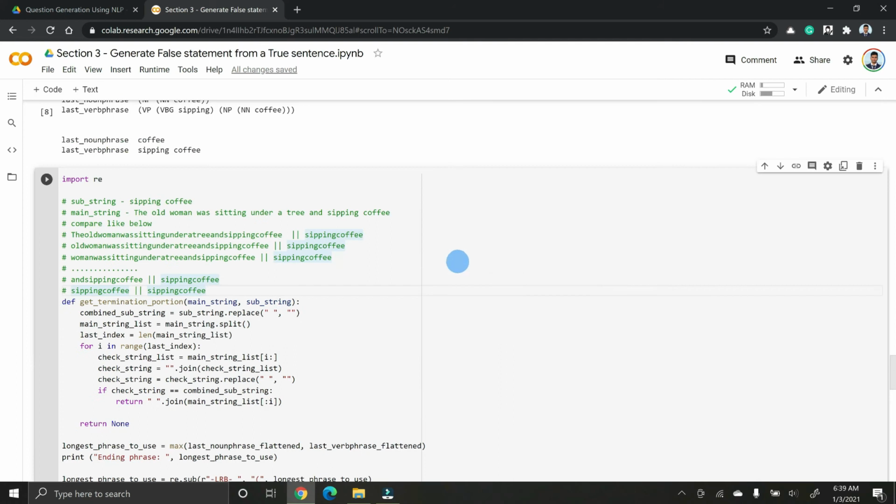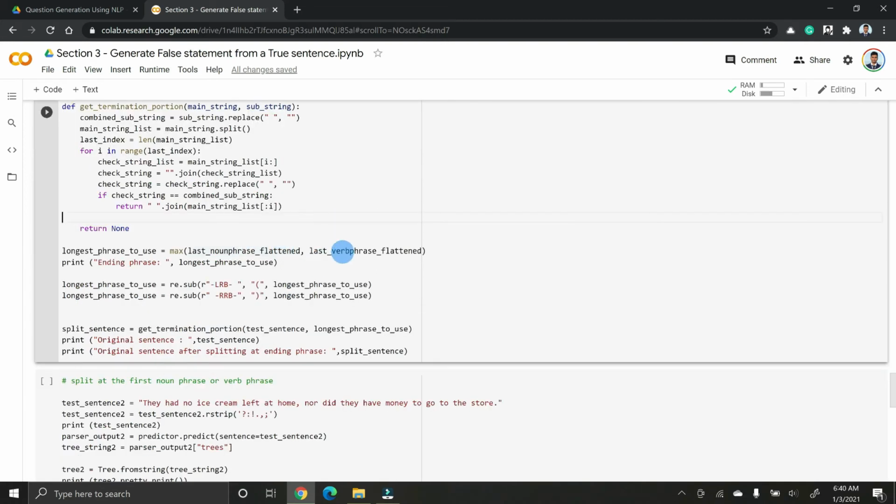Now we have just one more function that we need to do. Now that we identified sipping coffee is our last verb phrase, we need to remove the last verb phrase or last noun phrase from the original sentence and get back the split sentence. For us, we need to identify what's the biggest one in last noun phrase and verb phrase combined.